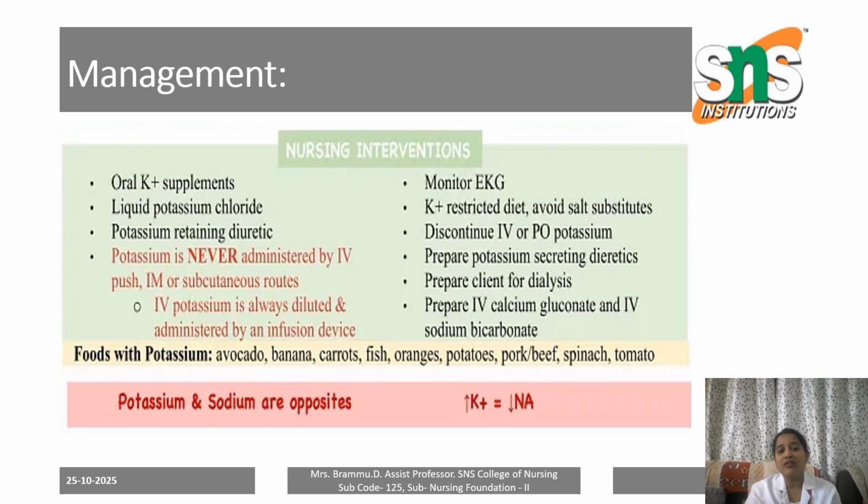On the other hand, for patients with hyperkalemia, you start with continuous monitoring of EKG, or you call it ECG, and then start a potassium-restricted diet, avoid all salt substitutes, and discontinue any potassium the patient is receiving, either orally or IV.